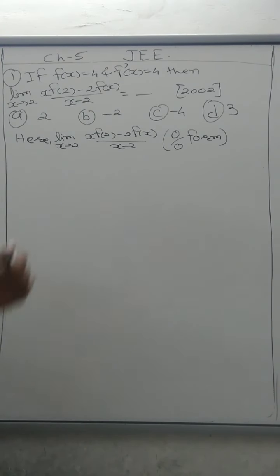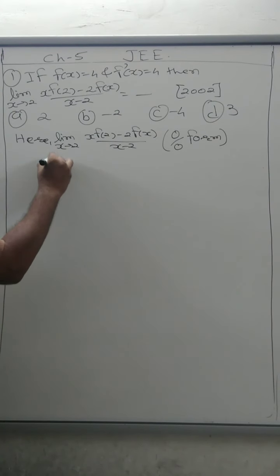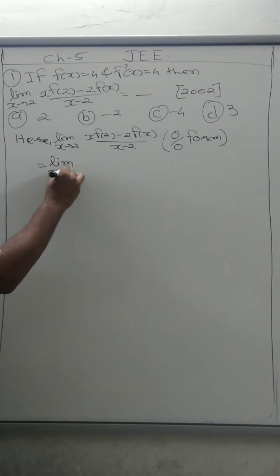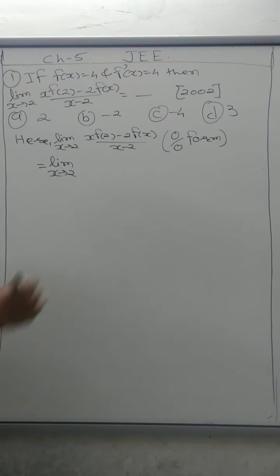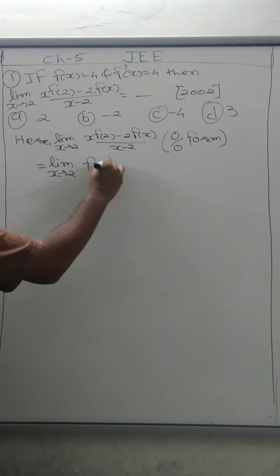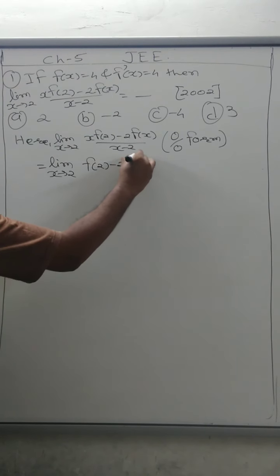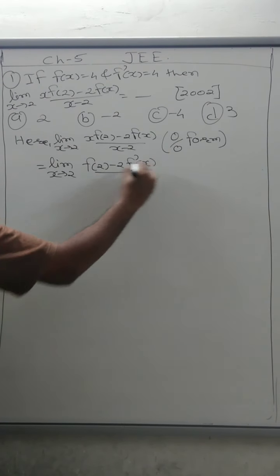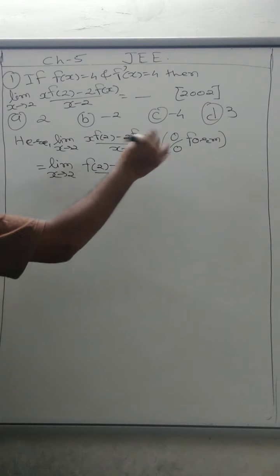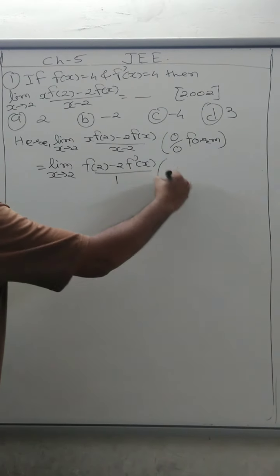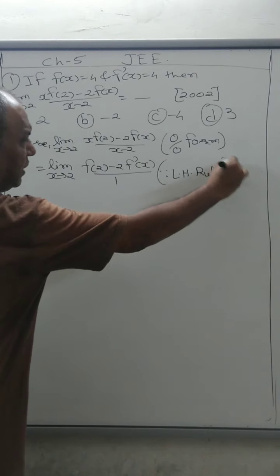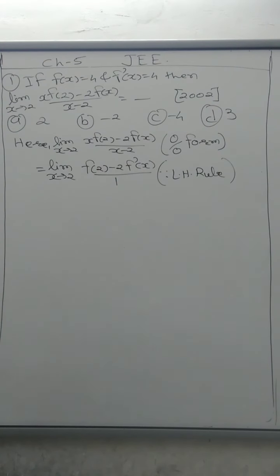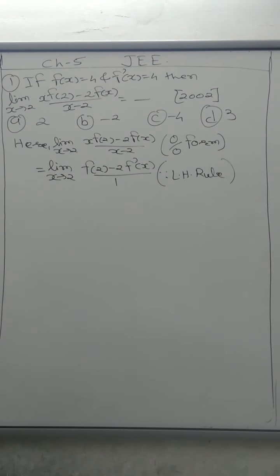So first of all we take L'Hospital rule. The limit stays as it is. Here the derivative of x is 1, so we have f(2) minus 2 into f'(x) upon 1.